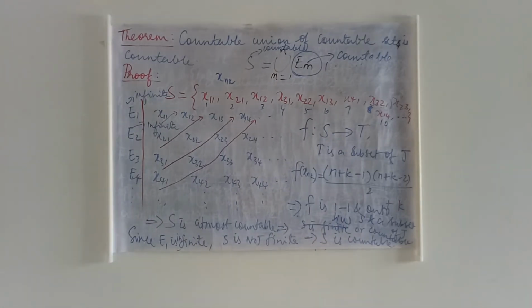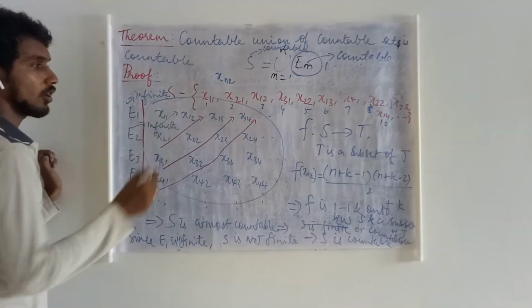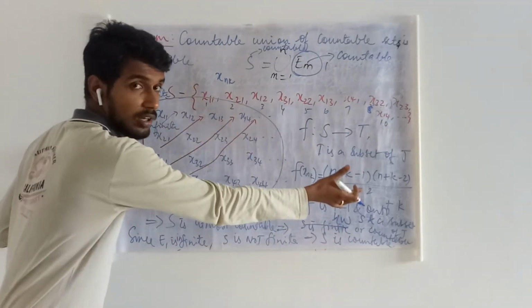The main thing that you have to always remember is what does countability mean? Why are we taking the subset of J here? Okay, so you have to consider this arrangement. This is what is going to help you in arranging the elements in S, and using that you are going to define a mapping.